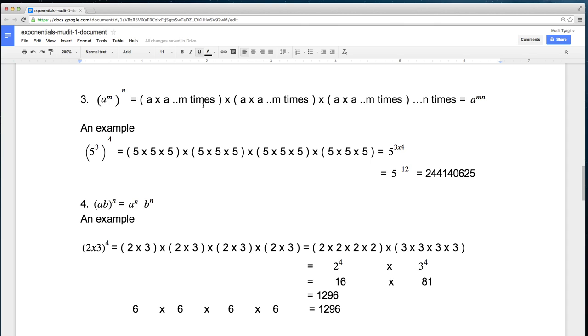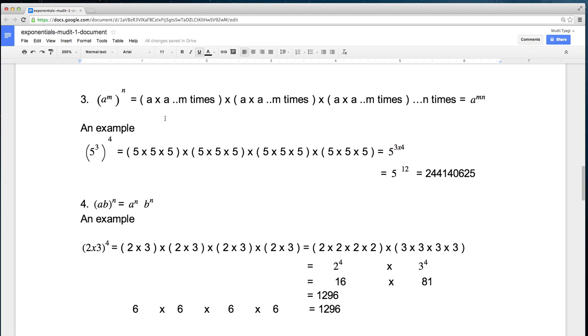And then you multiply that by itself n times because of this n exponent outside the bracket. And then if you think about it, what you've got is m times n a factors multiplying together to give you a to the m times n.